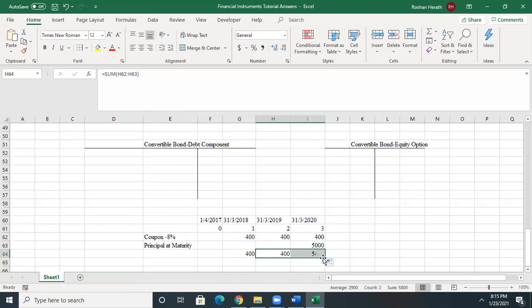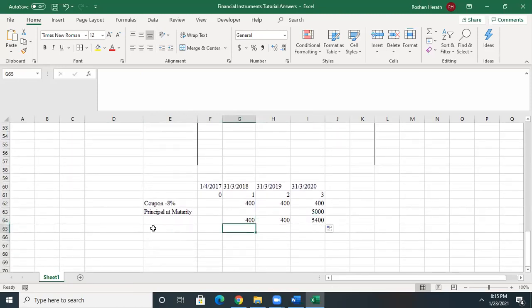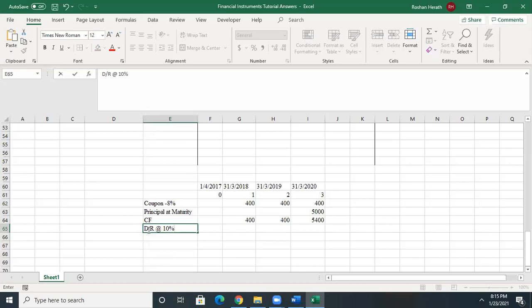Now you can get them discounted. When you discount these cash flows, you need to apply the discount rate. It's the market rate, which is 10%.